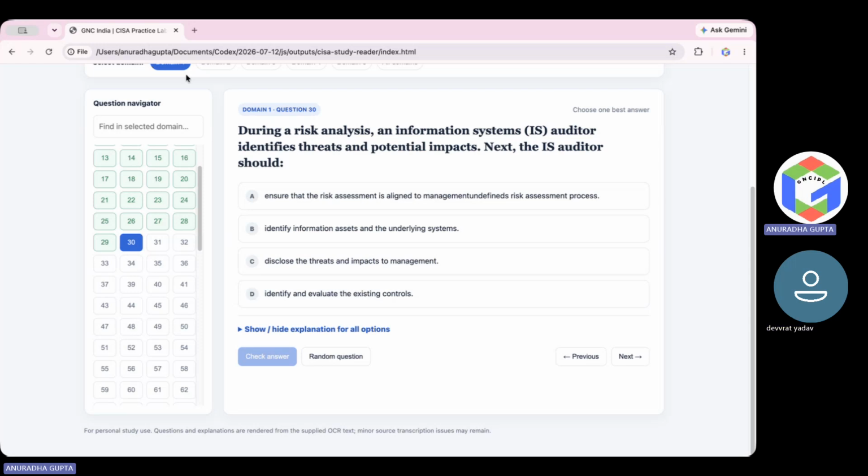So the very next step would be for the auditors to identify the respective current controls to mitigate the risk. Those are the list of controls which are required to mitigate the vulnerabilities, right?